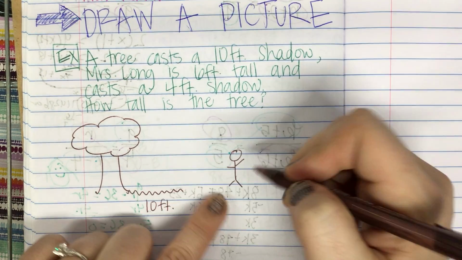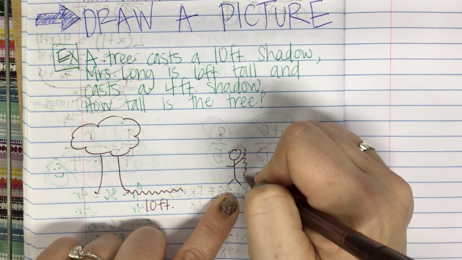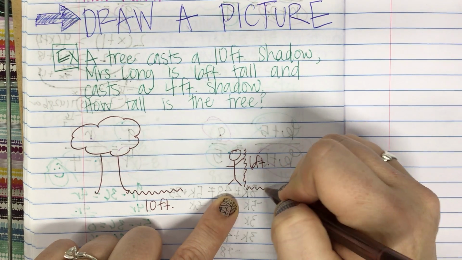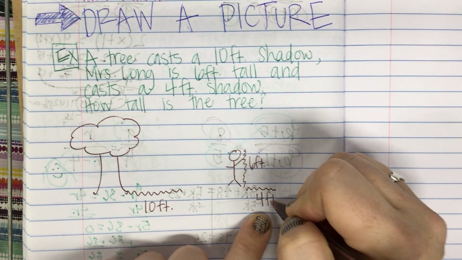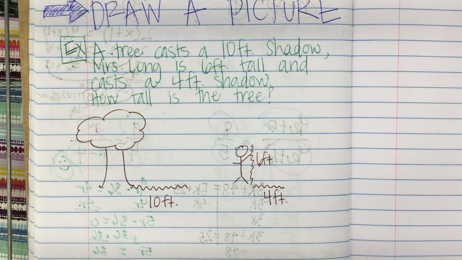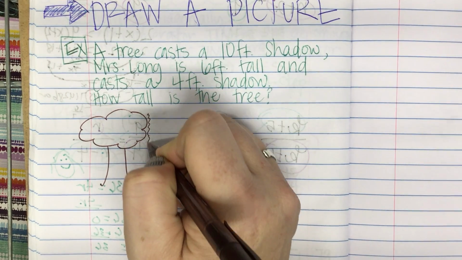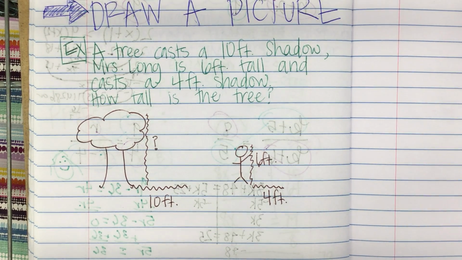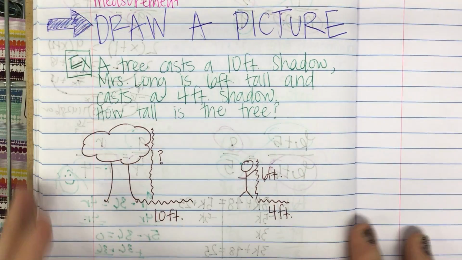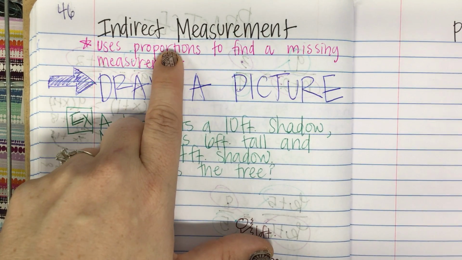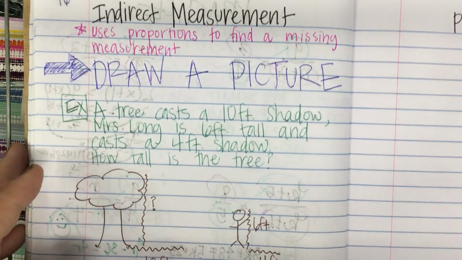And I know that Mrs. Long is 6 feet tall. And I know Mrs. Long has a 4-foot shadow. I do not know how tall my tree is. But if I have this picture, I can use proportions to find the missing measurement.